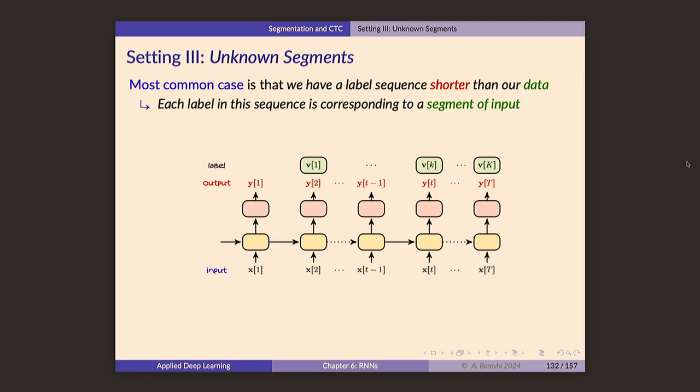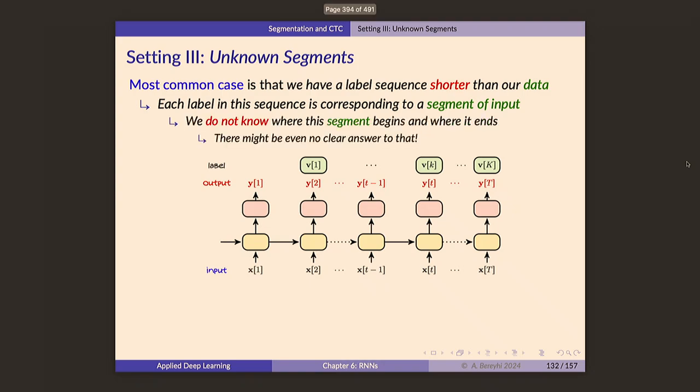And I really don't know this V1 belongs to which part of the sequence, right? So I really don't know whether V1 should be known at the second time interval or third time interval, or earlier or later. And sometimes there is not even a clear answer to that, right?